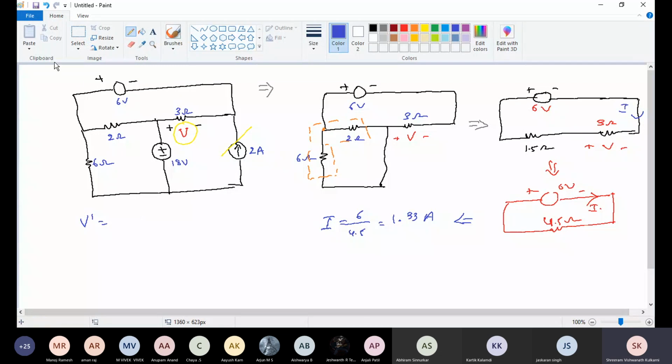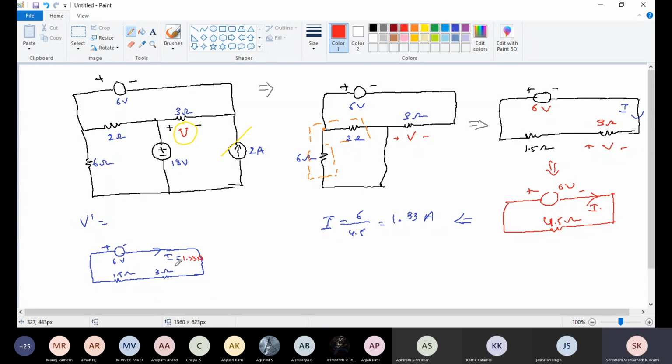For simplification, I am going to redraw this circuit: 1.5 ohm, 3 ohm, 6 volt. Due to the 6 volt, current I is flowing, and we found that current I is 1.33 ampere.